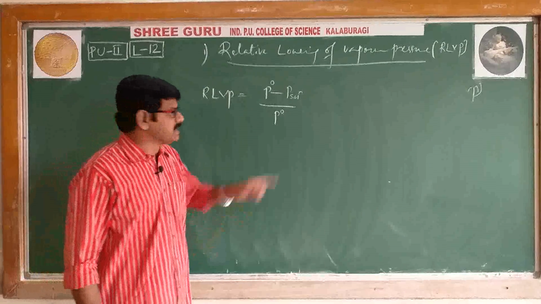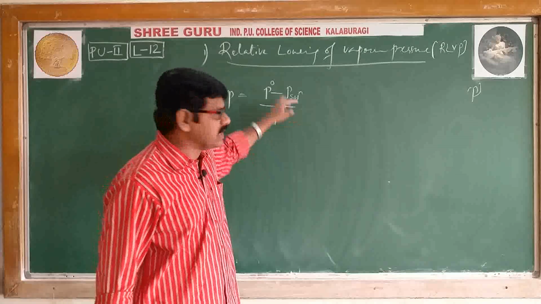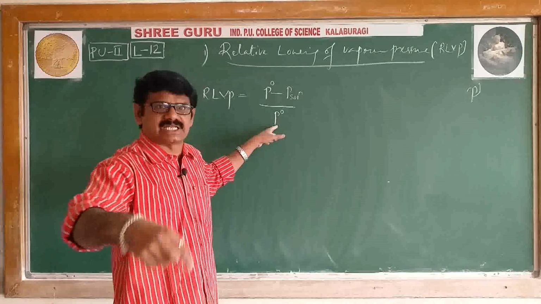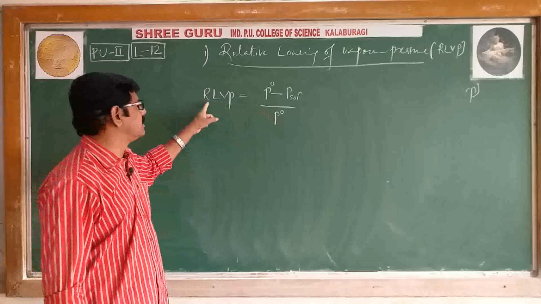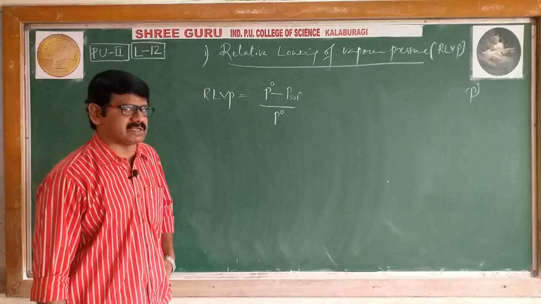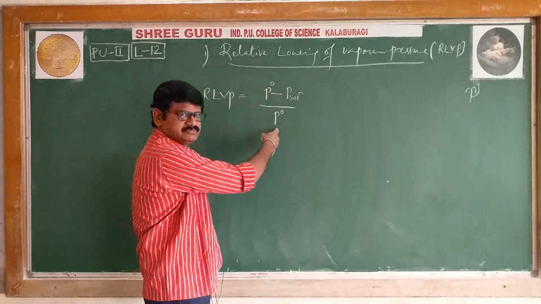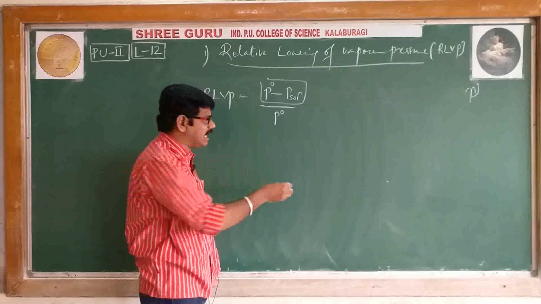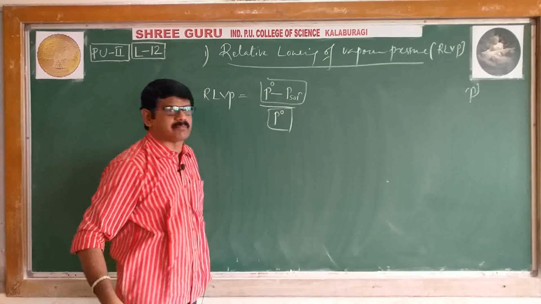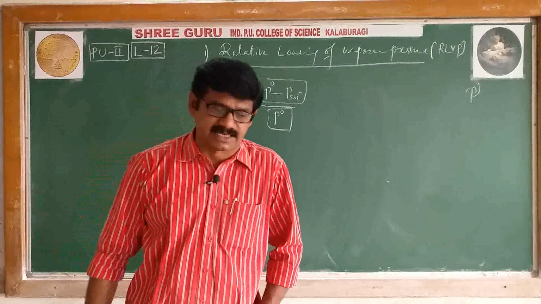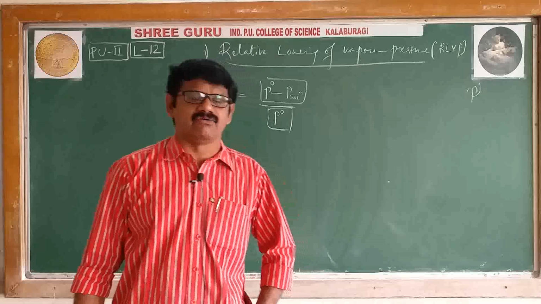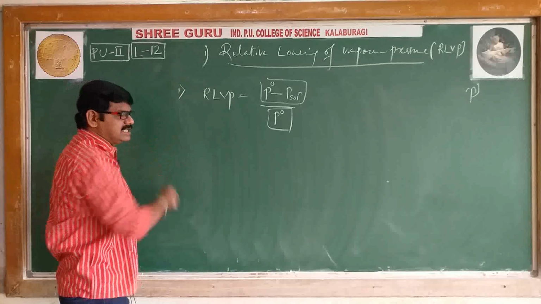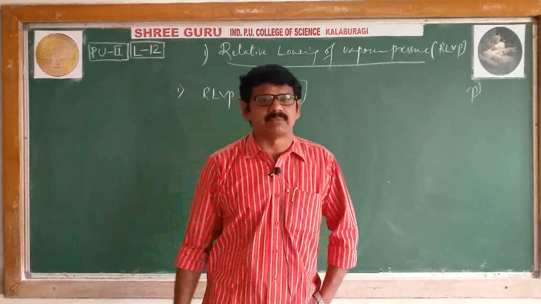How to define it then? The ratio of lowering of vapor pressure to the vapor pressure of the pure solvent is called relative lowering of vapor pressure. And this relative lowering of vapor pressure is the first colligative property.